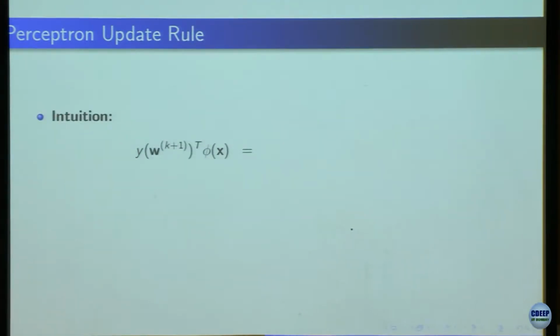The intuition is here. Okay, let's just write down this dot product. All of you write down this dot product after the update. I have the update in front of you. Wk plus 1 is wk.